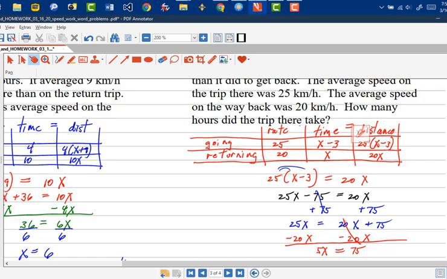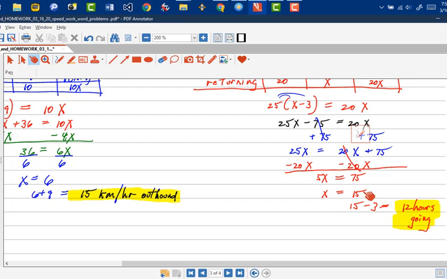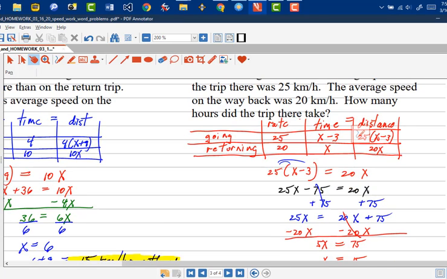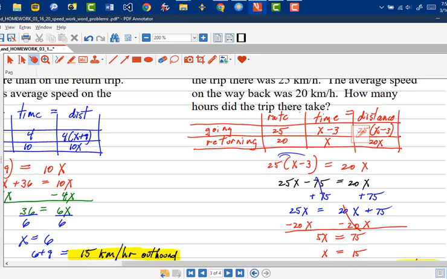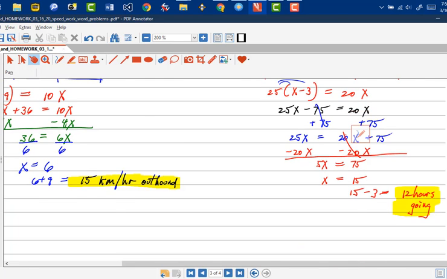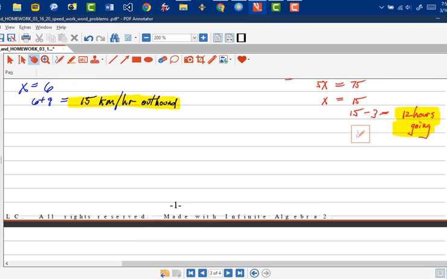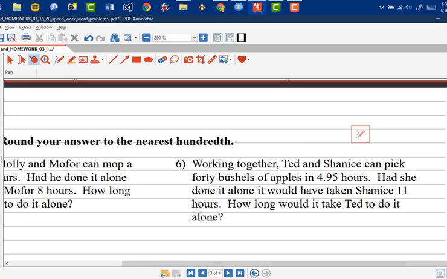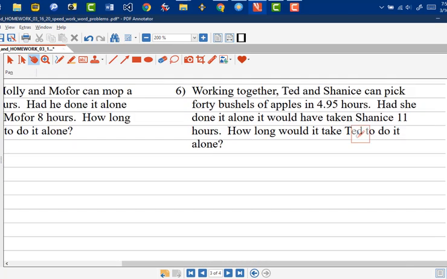So I go through the steps of solving that for x, and I get x equals 15. So that's 15 hours returning, and 15 minus 3 is 12, so 12 hours going, and that's what the question asks for. Alright, so those are the rate times time equals distance problems.